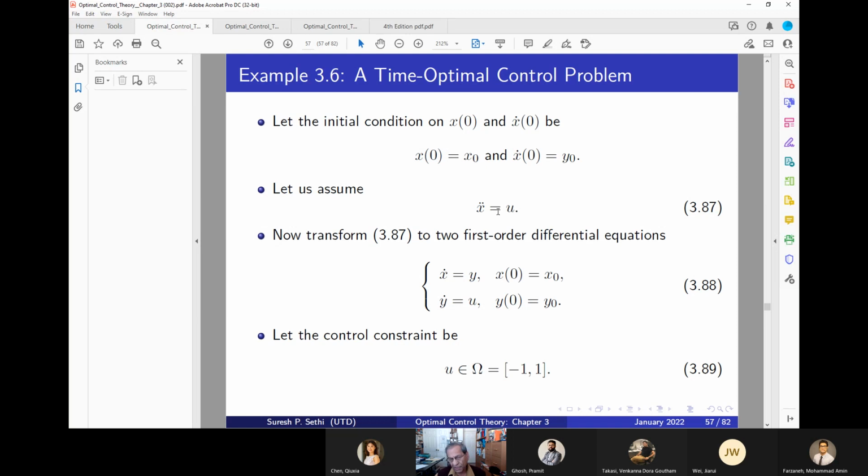Because this is a very, very cute problem in some way. And it also has 2 variables instead of 1.